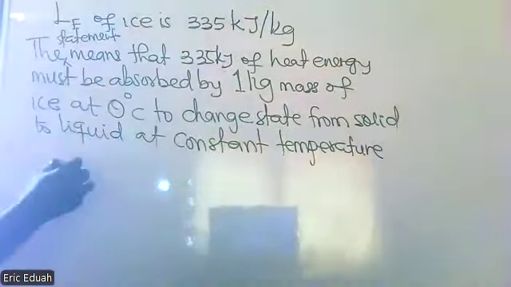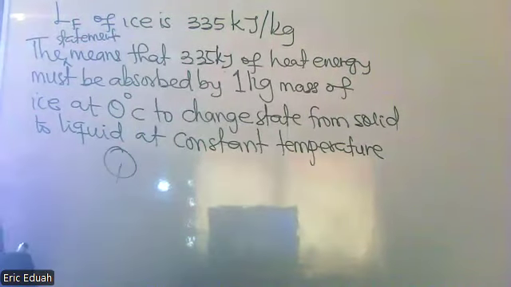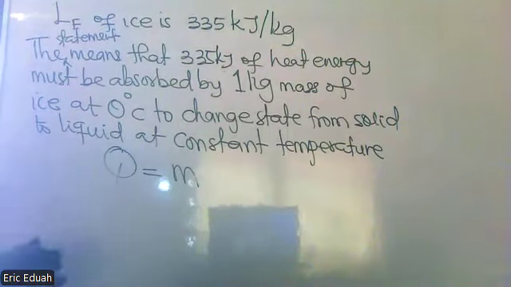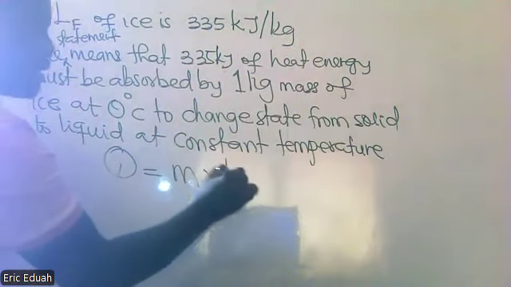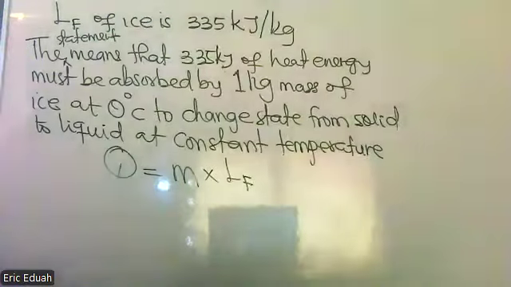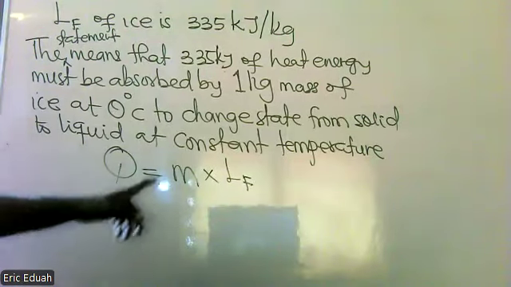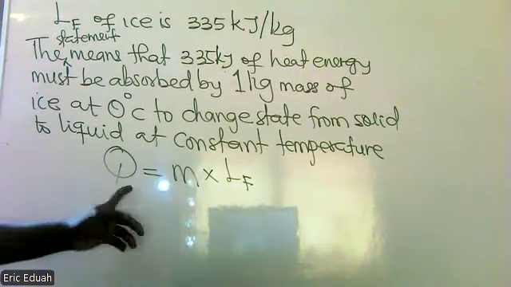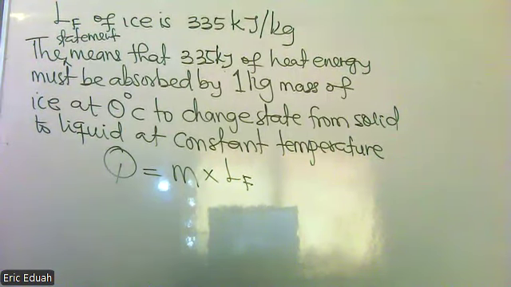And that quantity of heat energy is given by the mass times the magnitude of 1. So the mass times 1 kilogram, the amount of heat required by 1 kilogram mass, gives the quantity of heat energy.